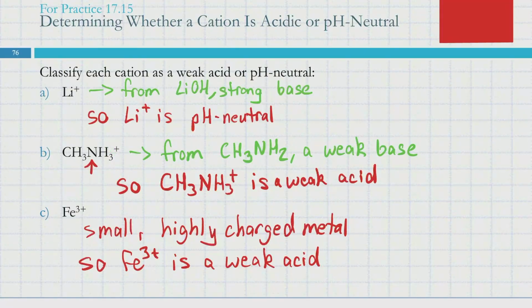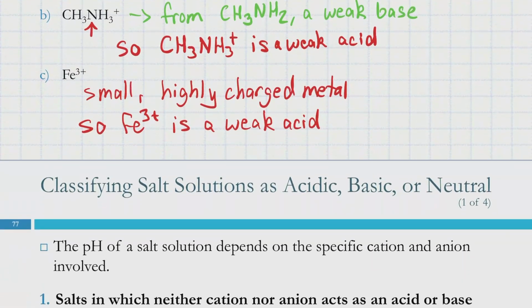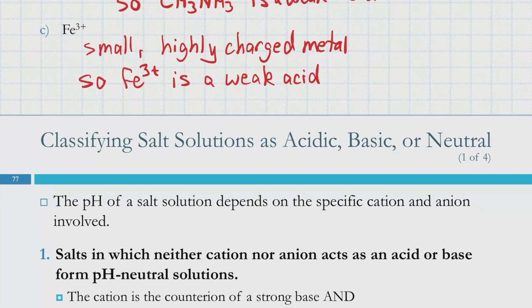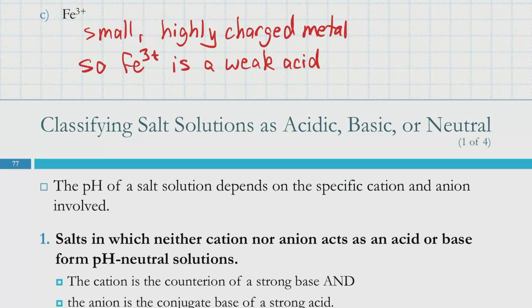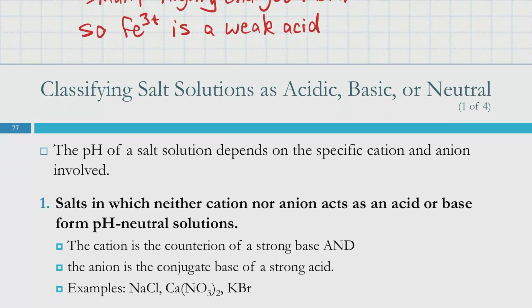It could give one of those away, and in that way it would work as a weak acid. All right, we will wrap up after we get through these classifying salt solutions.